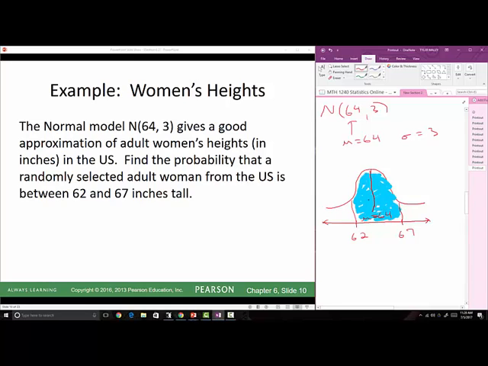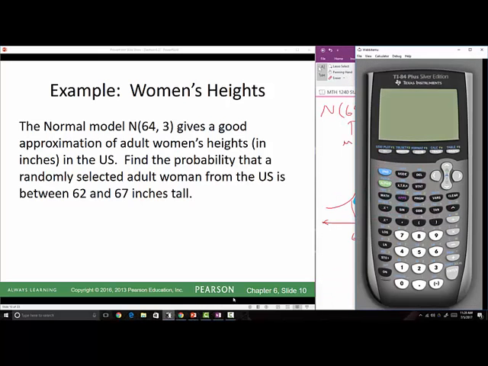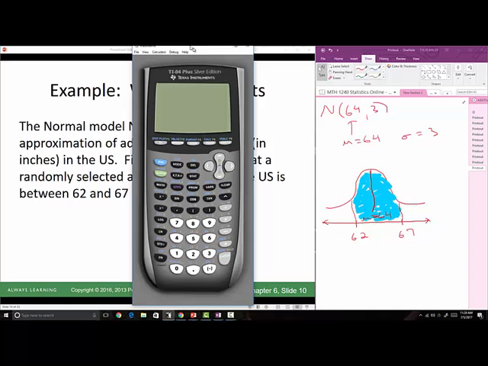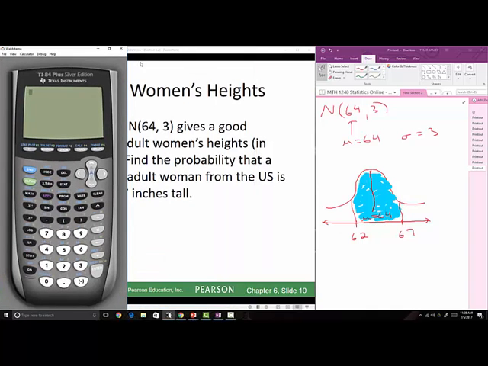So to do this in the graphing calculator, let me pull up the graphing calculator. It's pretty easy. We're going to go to second, then distribution, and then we want to go to normalcdf. The lower bound in this case would be the 62, so I type in 62, and then the upper bound is 67.